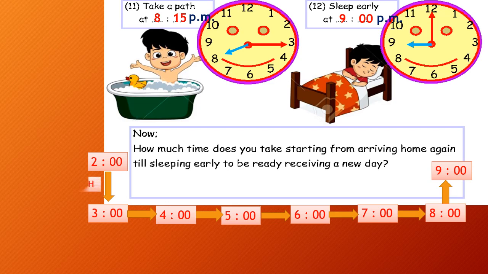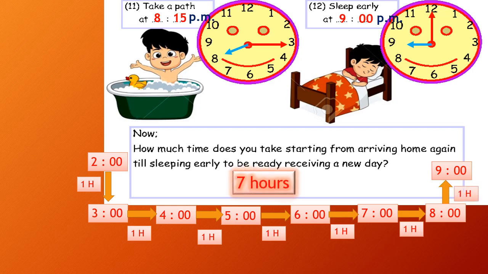So count the hours: 1 hour, 2 hours, another 1 hour makes 3, 4, 5, 6, and last 7 hours from 2 o'clock to 9 o'clock.